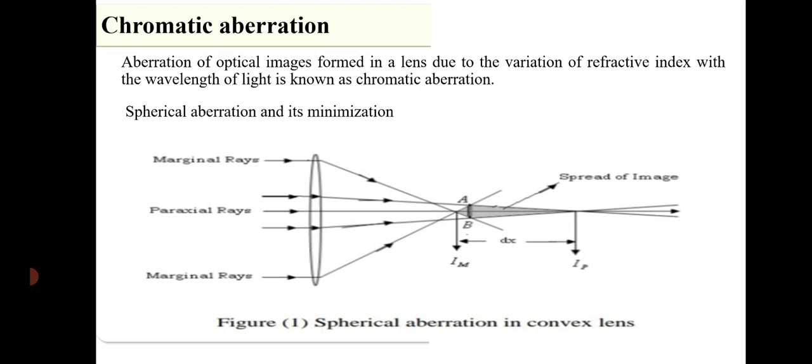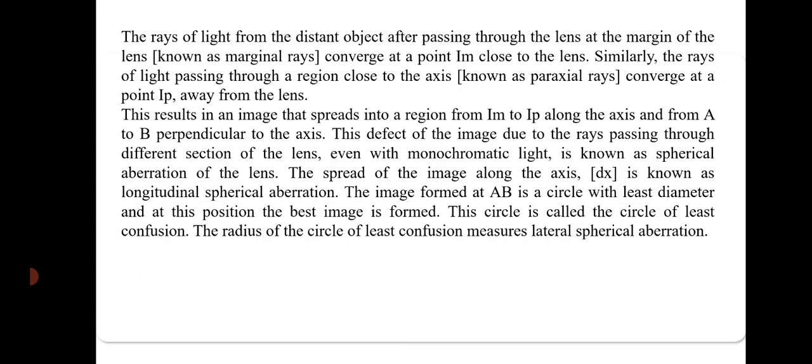In the figure, marginal rays, paraxial rays, marginal rays, and the spread of image and points A and B, IM and IP points are there. The rays of light from the distant object after passing through the lens at the margin of the lens are known as the marginal rays.